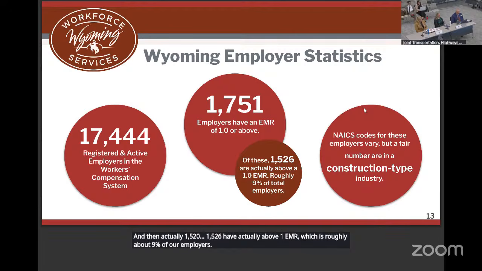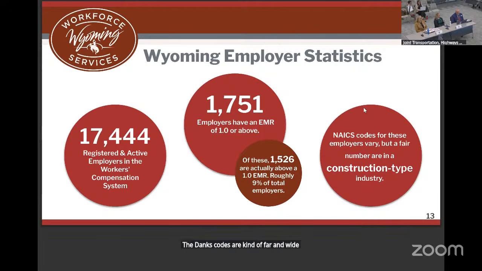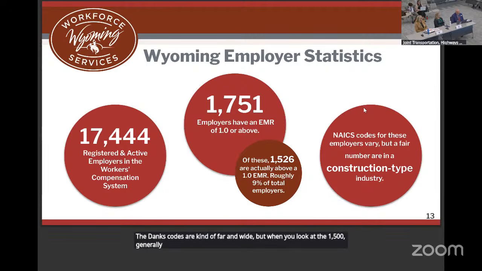The NAICS codes are far and wide, but when you look at the 1,500, generally those are NAICS codes that fall into some kind of construction industry that we're seeing have above a 1 EMR.